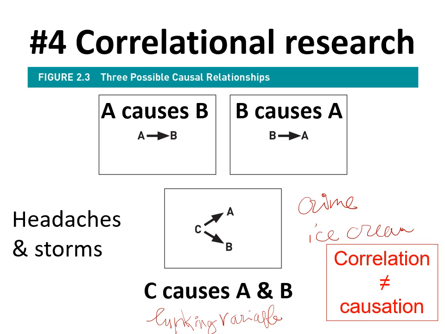Or it could be that there's a lurking variable. Typically, ice cream sales and crime tend to be higher in the summertime. In the summertime, more people are out, and one way people deal with being out in the summertime is they consume ice cream. Another thing that happens when more people are out and about is that there are more opportunities for opportunistic crimes to take place.